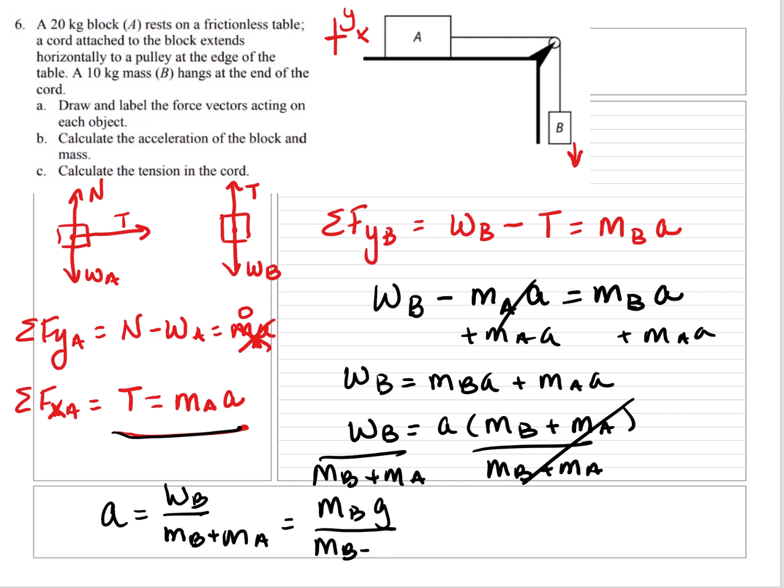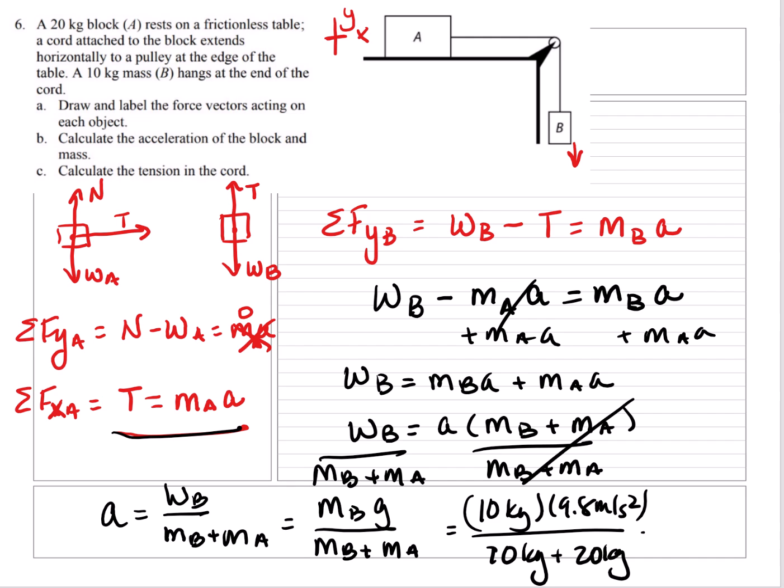Which is mass of B, because it's the weight of B, times gravity, over m_B plus m_A. A is 20 kilograms and B is 10, so the top is going to be 10 kilograms times 9.8 meters per second squared divided by 10 kilograms plus 20 kilograms. So if you solve it, you get 3.27 meters per second squared.